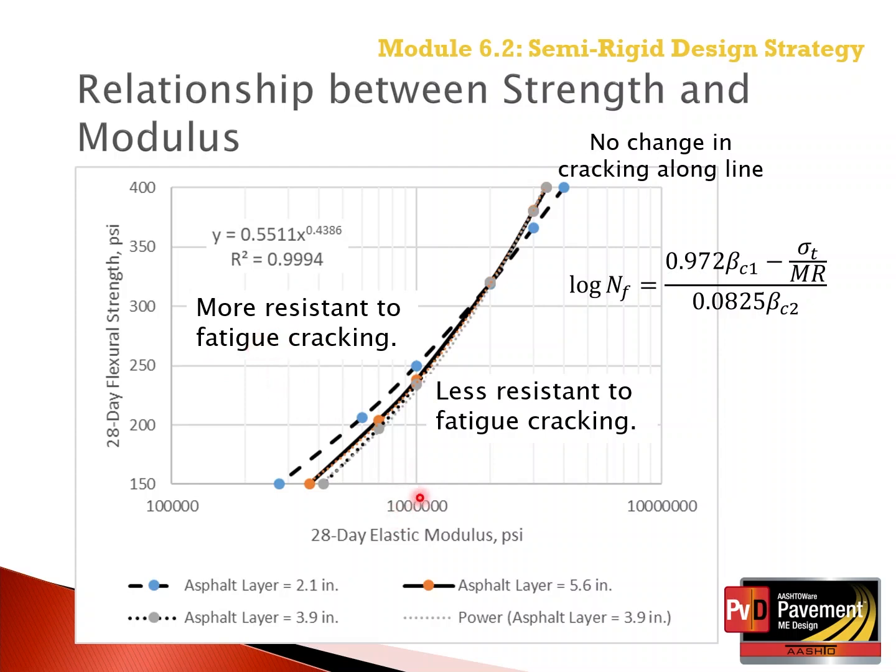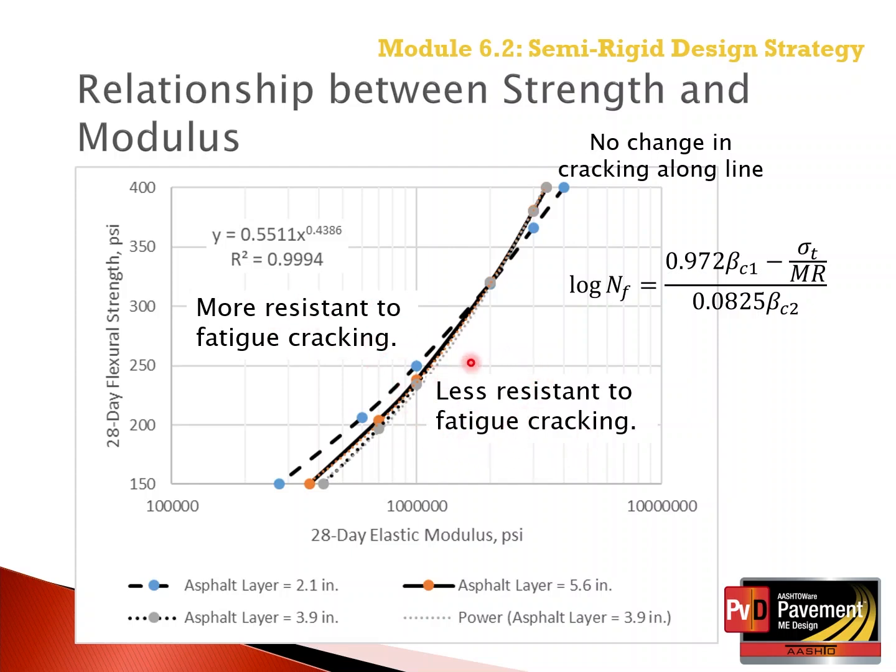Because, for example, a million at a strength of 250, if at a million elastic modulus and a strength of 300 psi, that means the damage or the ratio is going to be less because the modulus of rupture is now greater. And so we'll have a greater allowable number of load applications and lower damage. So it's more resistant to fatigue damage.